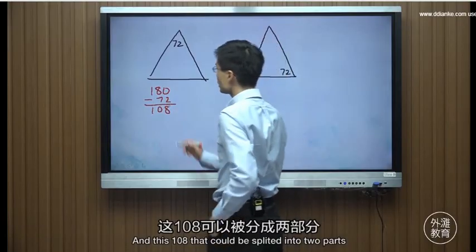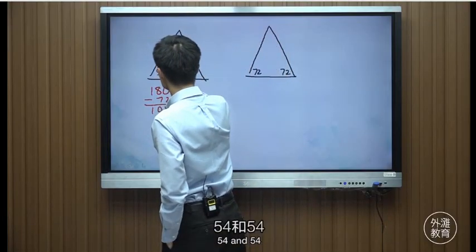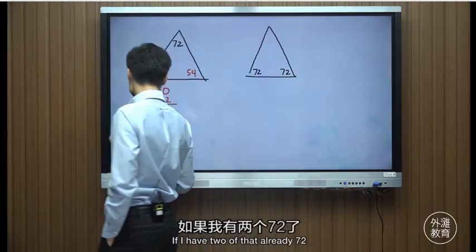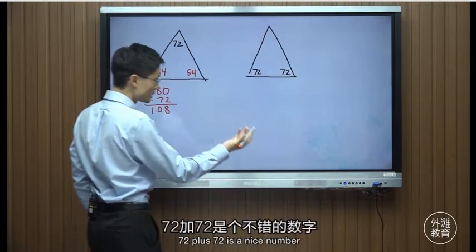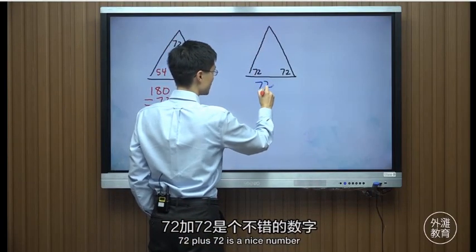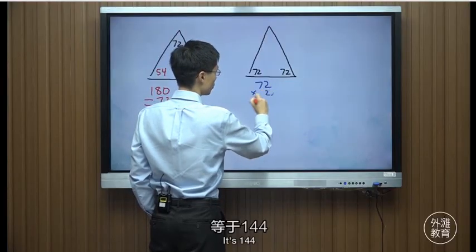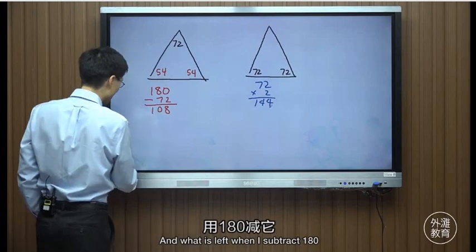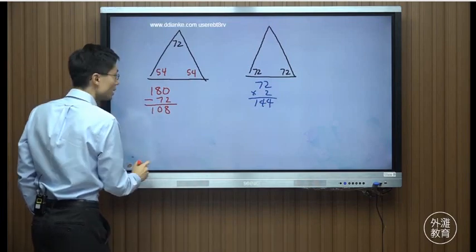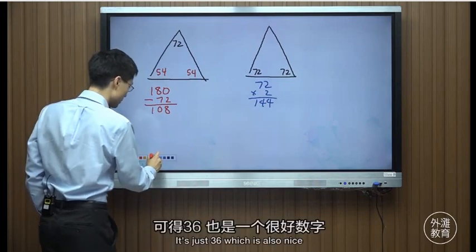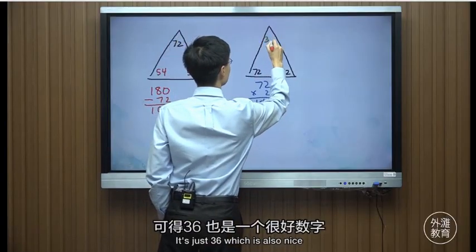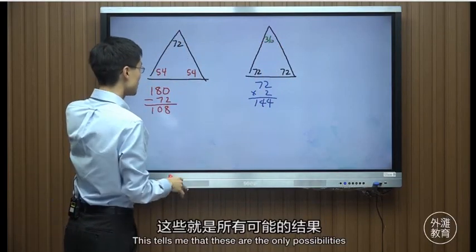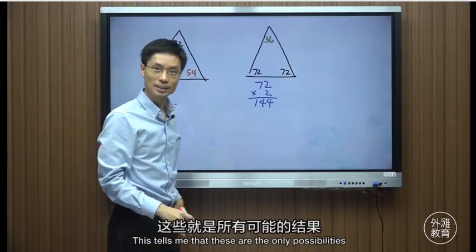And this 108 is going to be split into two parts, 54 and 54. On the other side, if I have two that are already 72, 72 plus 72 is a nice number. It's 144. And what is left when I subtract from 180 is just 36, which is also nice. So this tells me that these are the only possibilities.